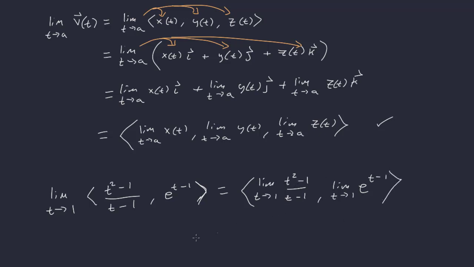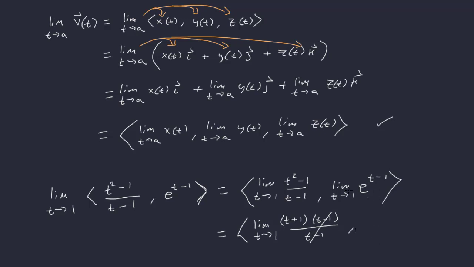Well, this is a 0 over 0 case, so what we typically do is either factor and cancel, use a conjugate factor, maybe use L'Hopital's rule. It just depends on what you're most familiar with, but I'm just going to factor and cancel this since this is a 0 over 0 case. So this will be the limit as t goes to 1 of t plus 1 times t minus 1 all over t minus 1, so the t minus 1's cancel.